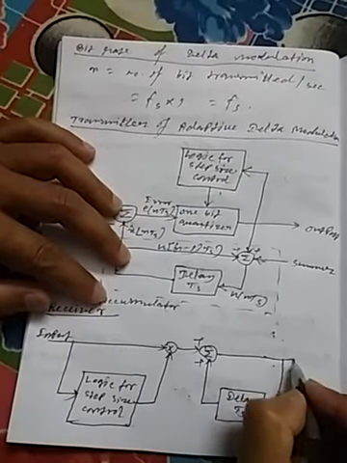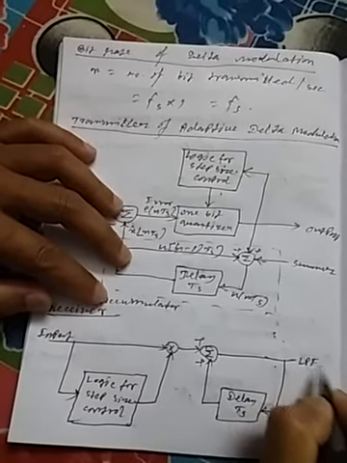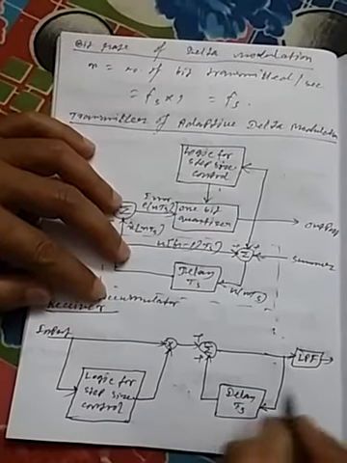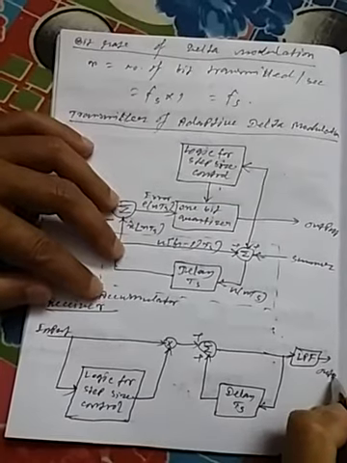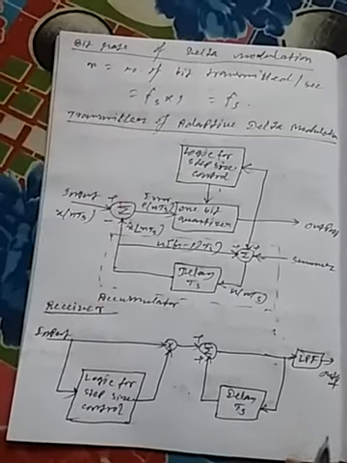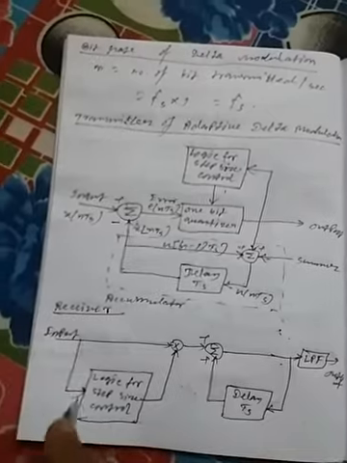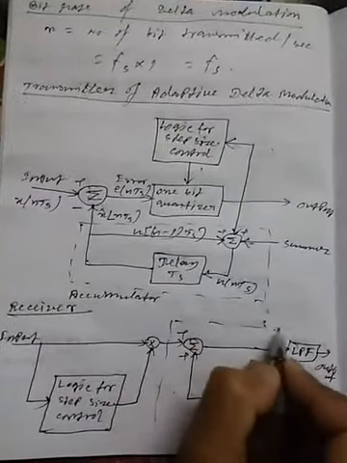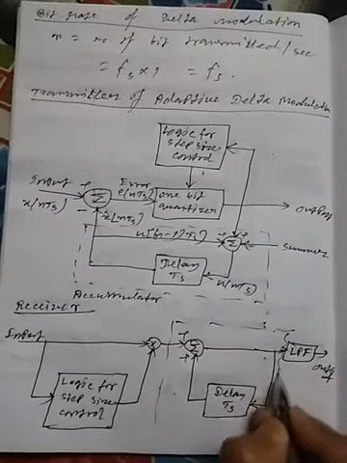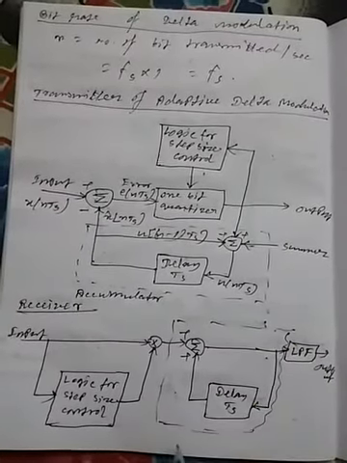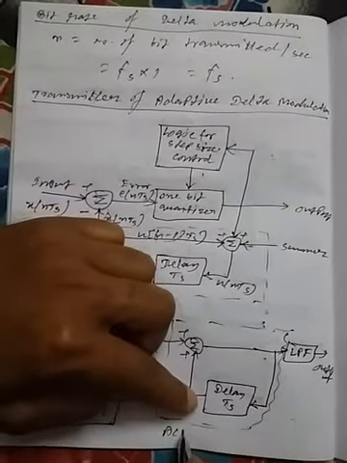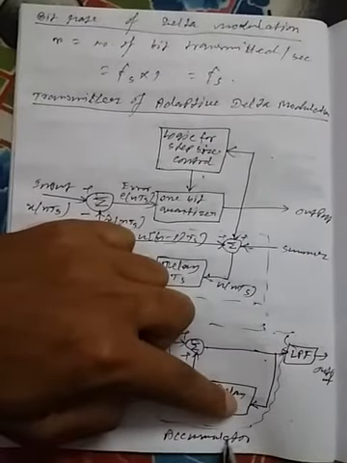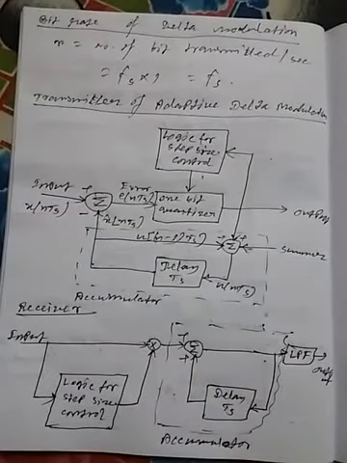And there is a low pass filter or LPF. This is the output of the receiver section, and here is the input section. This part is basically the accumulator section.